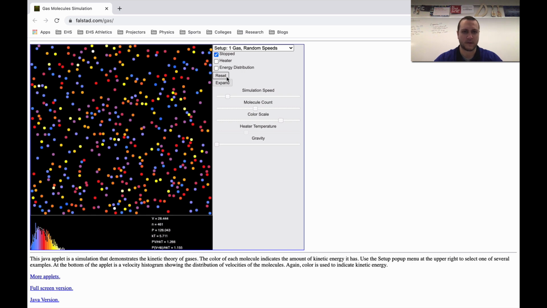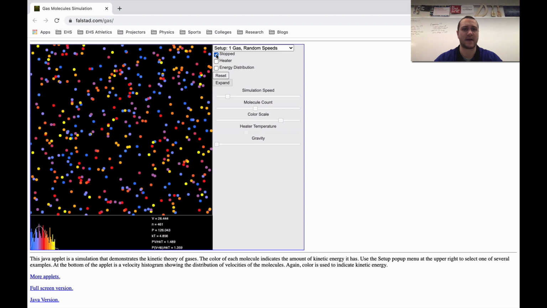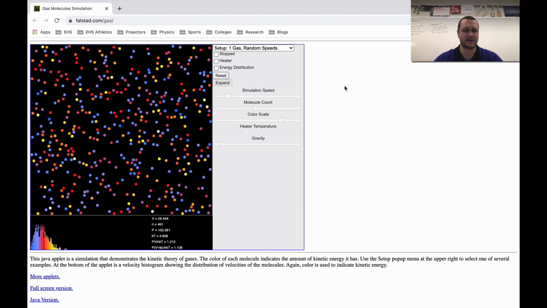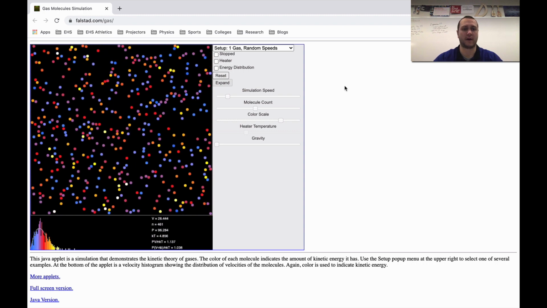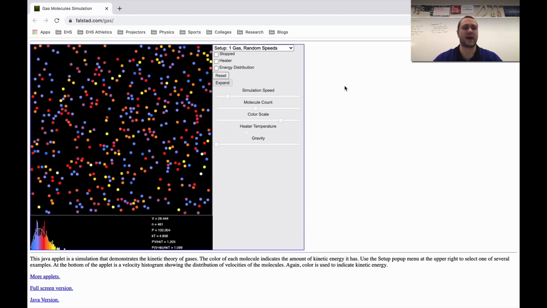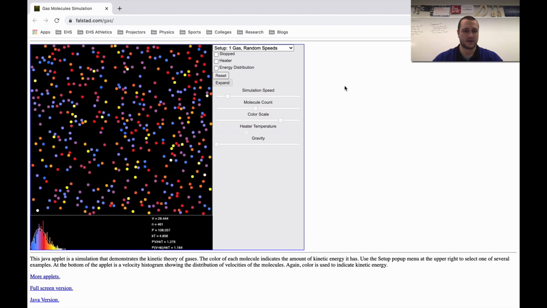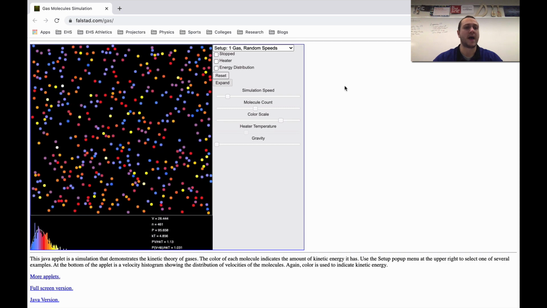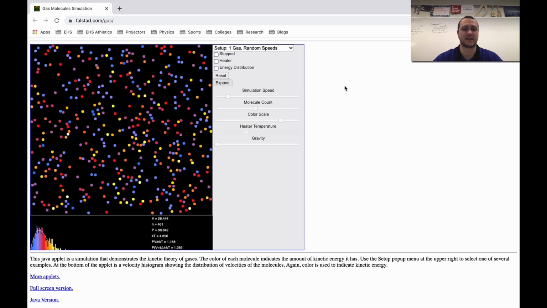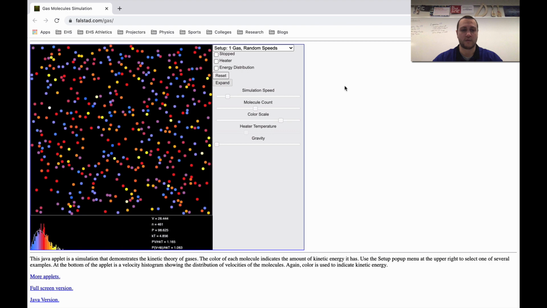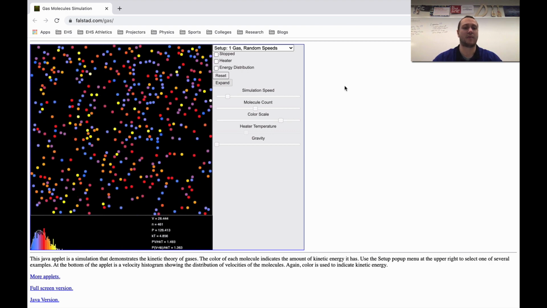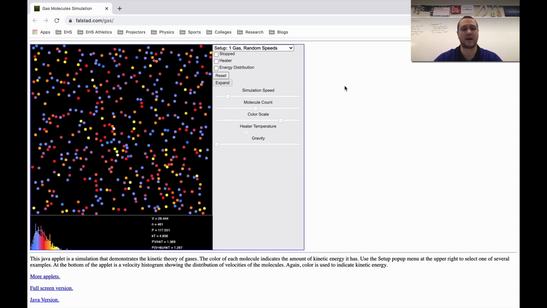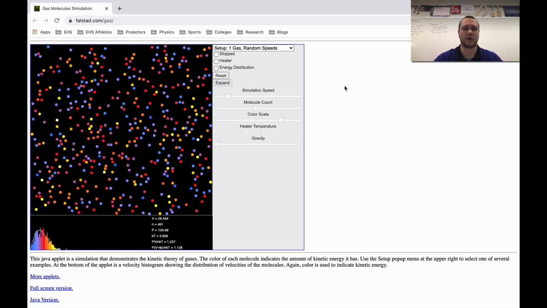So if I reset this and then play it, we can see the motion here. As these particles collide with one another, we're going to see them transfer kinetic energy from one to the other. Depending on how they hit, we're going to see an increase in energy or a decrease in energy, and we'd be able to find velocities based on conservation of momentum. Then we could see how much kinetic energy is gained by one object and lost by another through the collisions that occur.